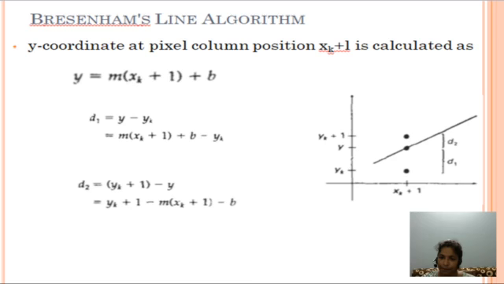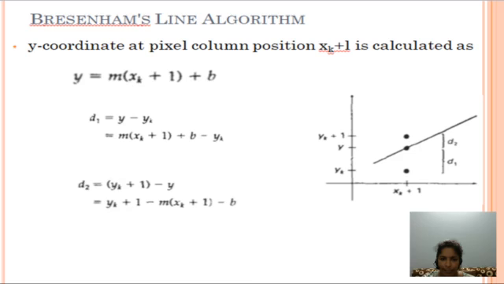Now we are finding the difference between d1 and d2. d1 - d2 is equal to, you see in the previous slide, m(xk+1) is there here, and here also m(xk+1) is there. Thus minus minus is plus, so that is 2m(xk+1).